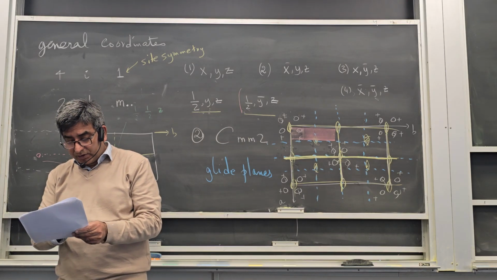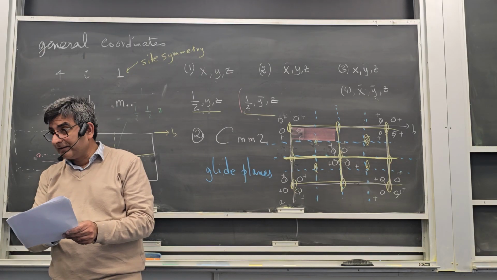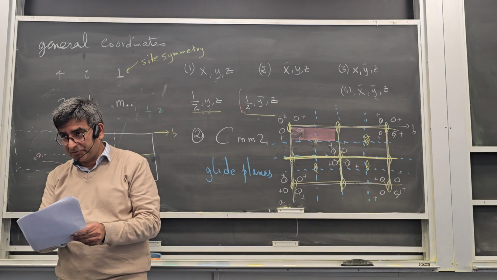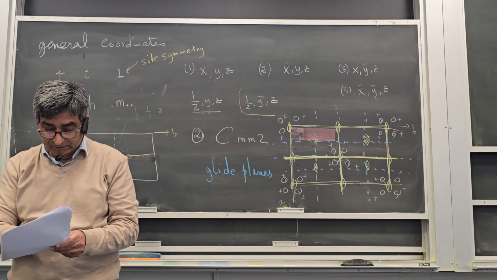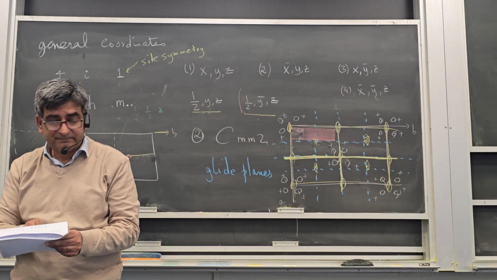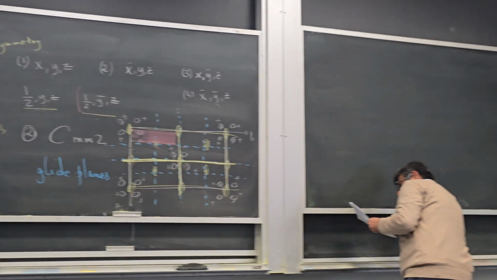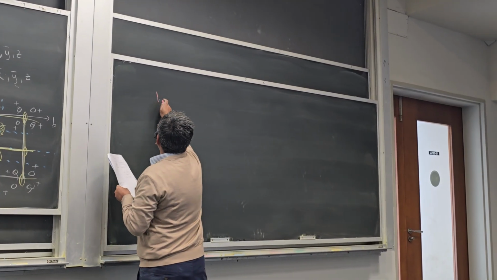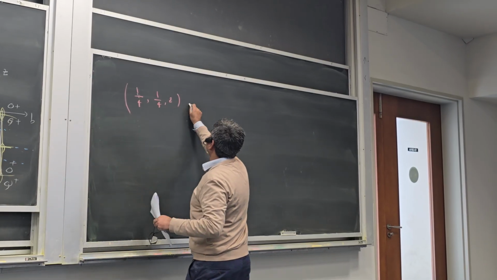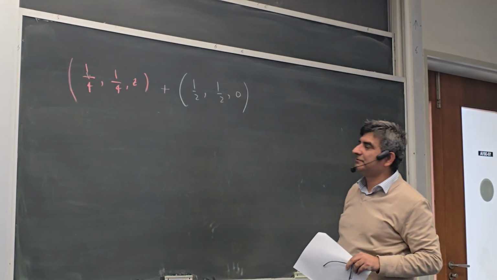For the centered point, the symmetry operations are now a translation to the center of the base, which is T(1/2, 1/2, 0), and a two-fold axis of rotation, which is at 1/4, z plus 1/2, z.